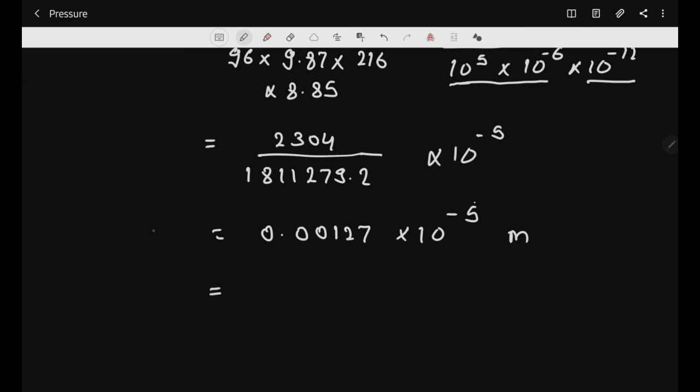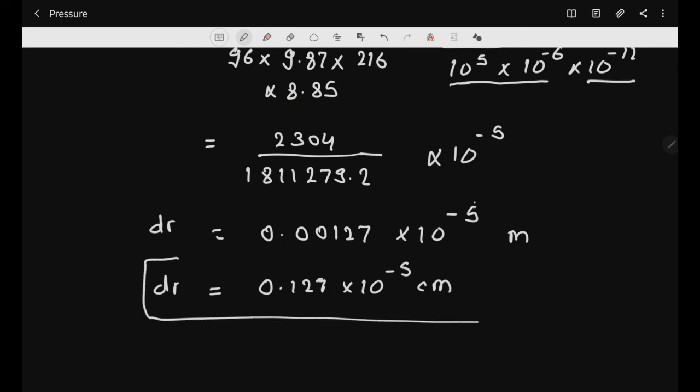This is the change in the radius in meters. If we write it in centimeters, it will become 0.127 into 10 raised to minus 5 centimeters. So this will be the change in the radius.